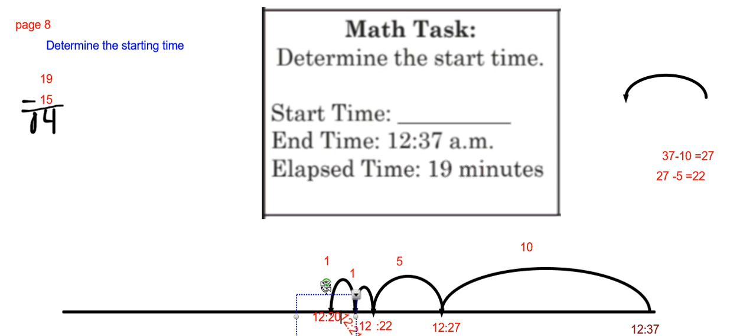Correct. 12:20 minus another 1, because I've subtracted 2 so far. I need to get to 4, right? Minus another 1. 12:20 minus 1 is what? Good job, guys. 12:19.